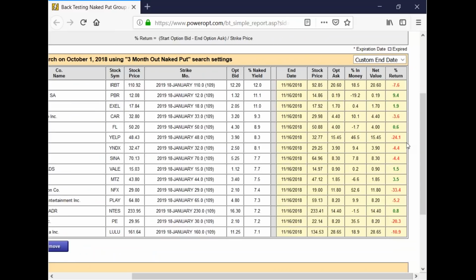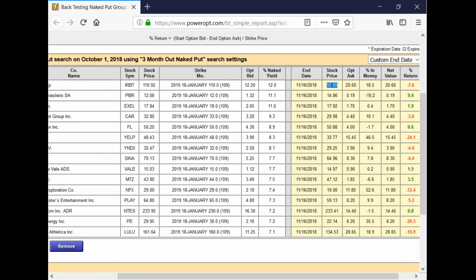We could say that some of these positions are easy to manage. 3.6% loss, even iRobot, currently at 92.85. And we had sold the 110 when the stock was at 110.92. We got 12. I could buy it back now for 20, a 7.6% loss. I could roll down to maybe the 90 for another 3 months out and maybe get another $10, and we'd be close to break even. That's good.